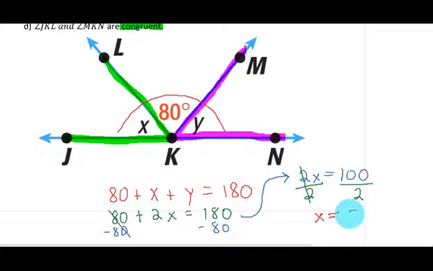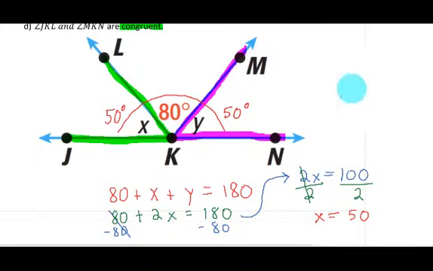So I'm going to write a 50 here. And I know that the measure of x is 50 degrees. And since the measure of y is congruent to the measure of x, it is also 50 degrees.